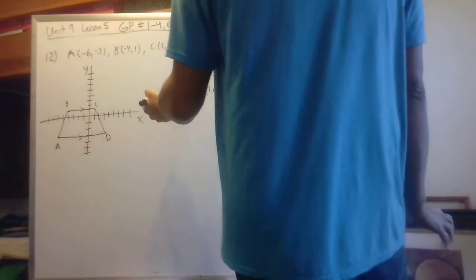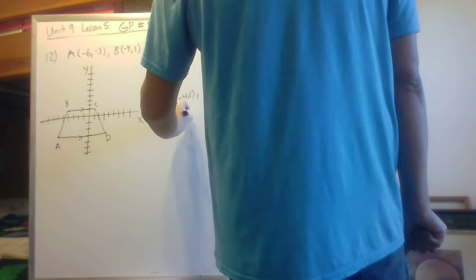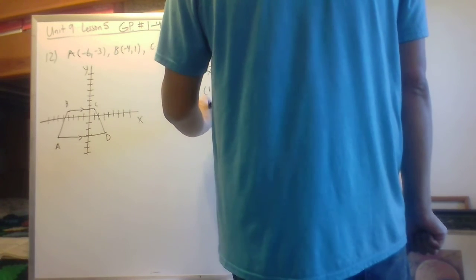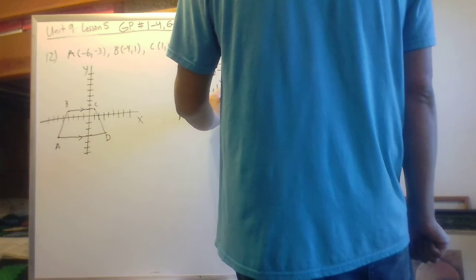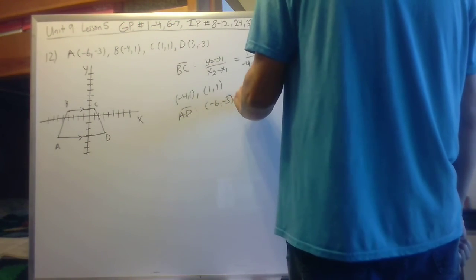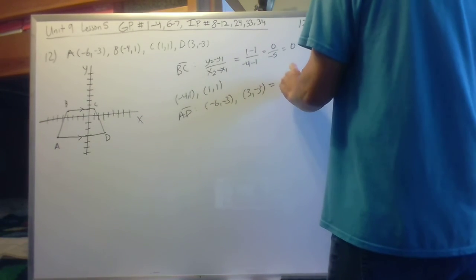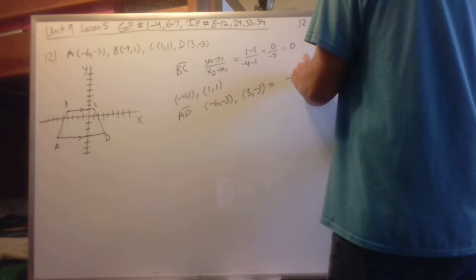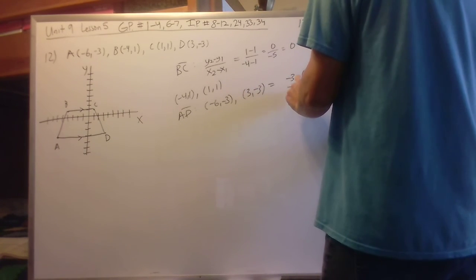And we're going to do the same thing for AD. So we're going to plug in the coordinates for A, which is -6, -3, and plug in the coordinate of D, which is at 3, -3. And so we're just going to go -3 minus -3 over -6 minus 3.